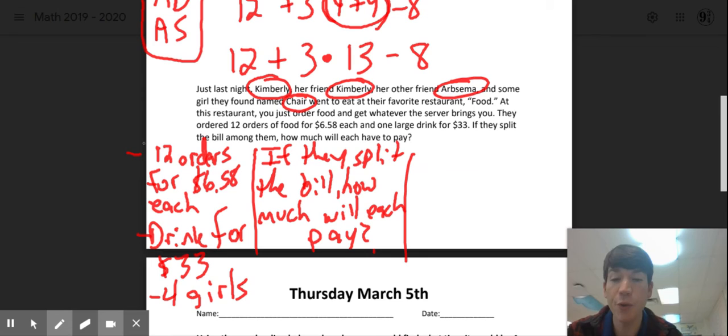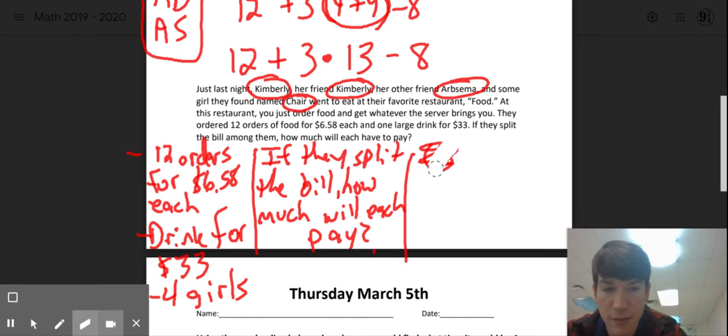Now, as you are going to find your answer here, we first need to figure out, and you're thinking if you're at a restaurant, we have to figure out how much money did they spend before we can figure out what needs to be split up. So I know they ordered 12 orders of this food for $6.58.